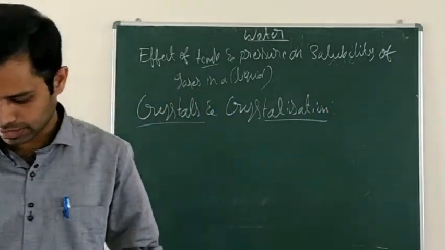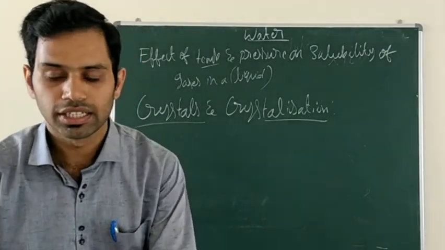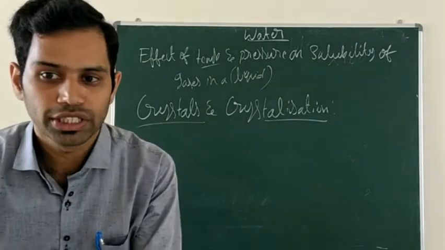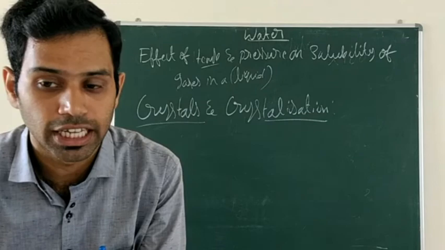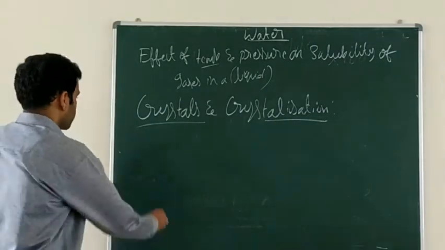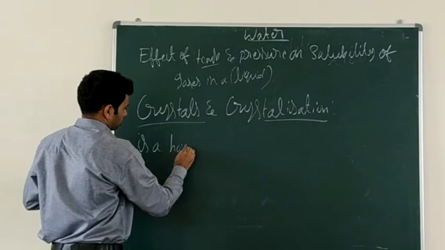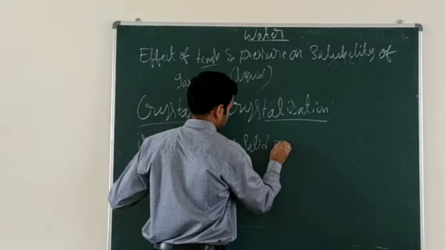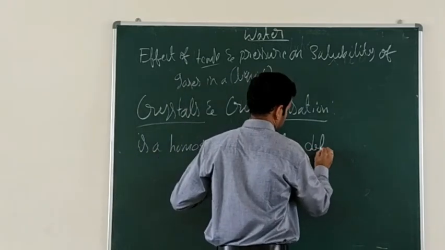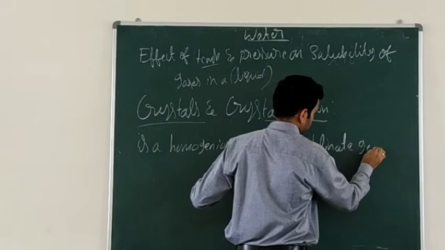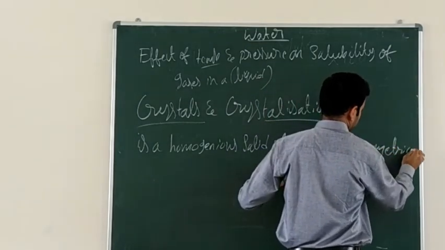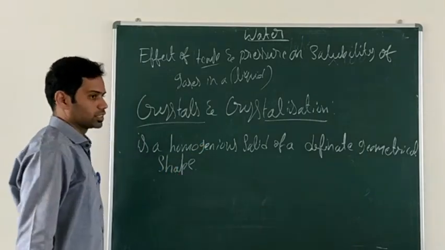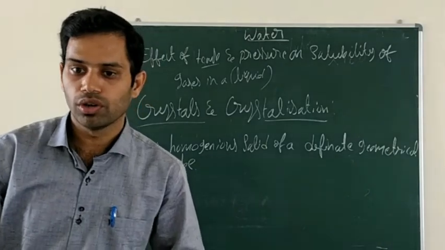Crystals. What do you mean by crystals? Crystal is a homogeneous solid of a definite geometrical shape. Homo means same.